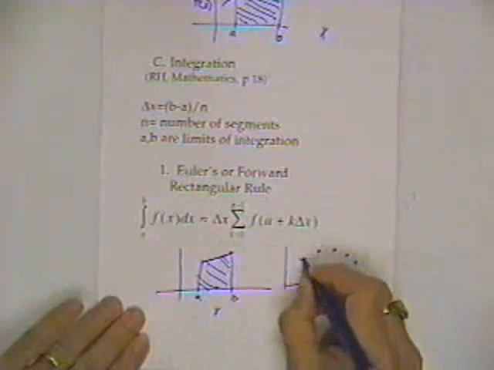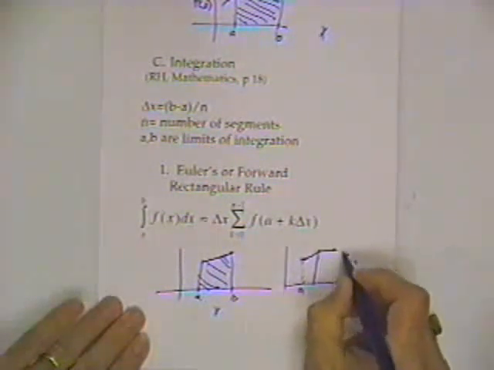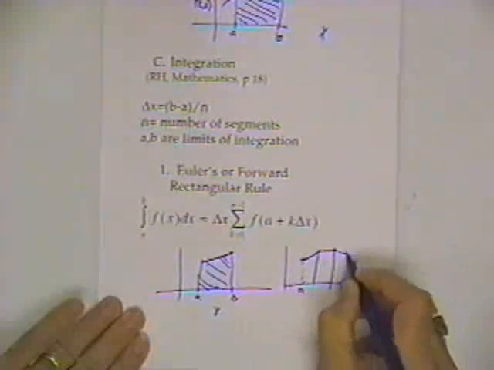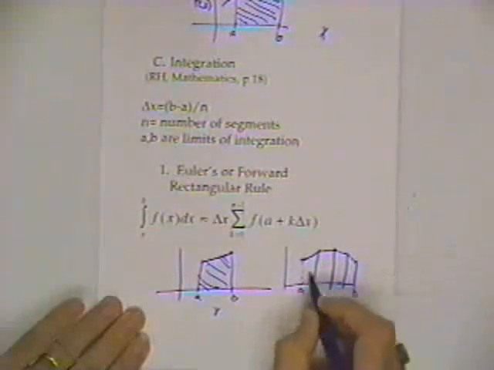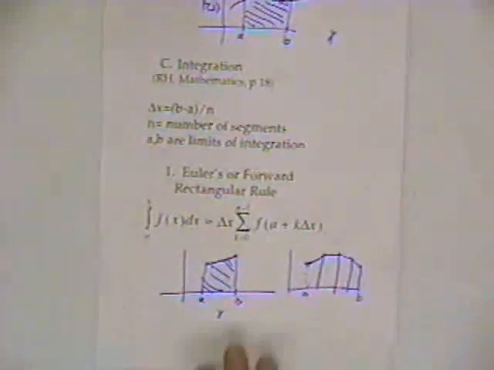So what this is actually doing is calculating the area under each of these sub-intervals, and then adding them all up to come up with the area under the entire curve.